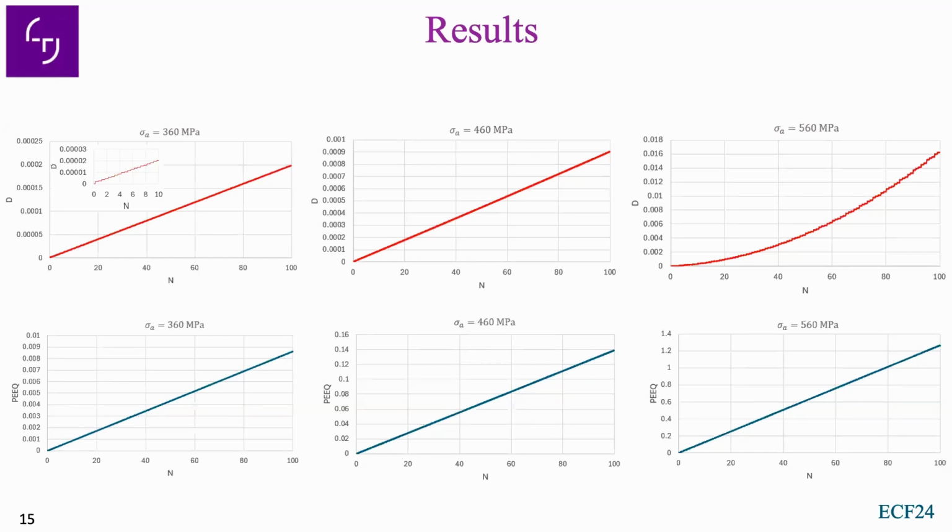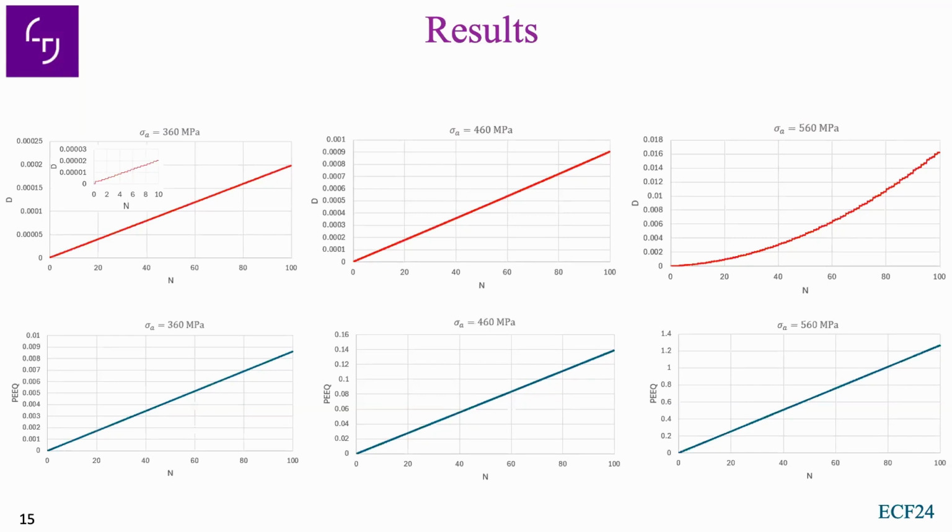This is related to low cycle and high cycle fatigue, and this is the variation of damage value based on number of cycles. As you can see, by increasing the loading, the value of damage increases. This is related to LCF, and this is related to HCF.